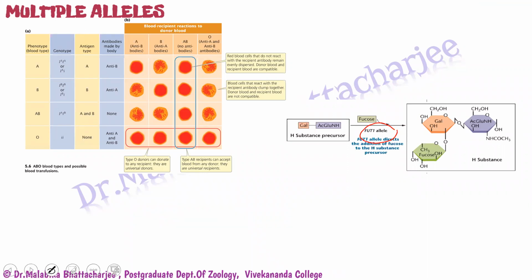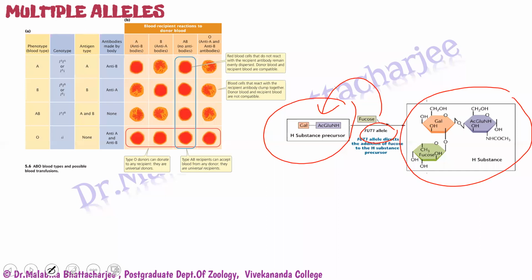The function of this allele is to add a fucose molecule to a precursor substance. The precursor substance is made up of galactose and acetylglucosamine, and the FUT1 allele adds a fucose molecule to this precursor substance to convert it into H substance.